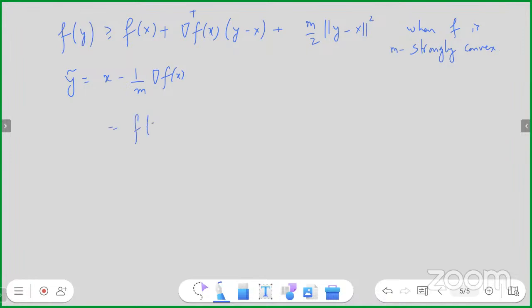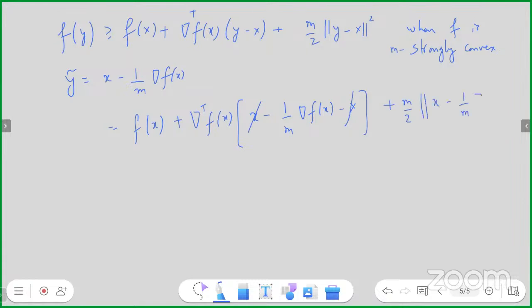f of y tilde is equal to f of x plus the gradient of f squared by m. X and x will cancel. You get a minus 1 by m gradient of x square plus m by 2. What is this quantity? X minus 1 by m.